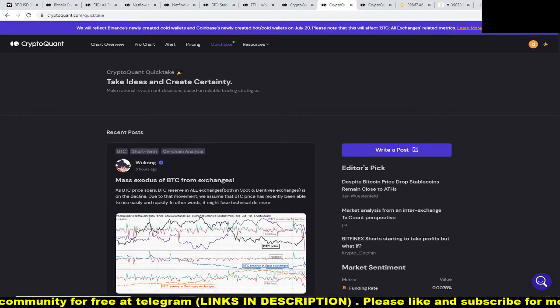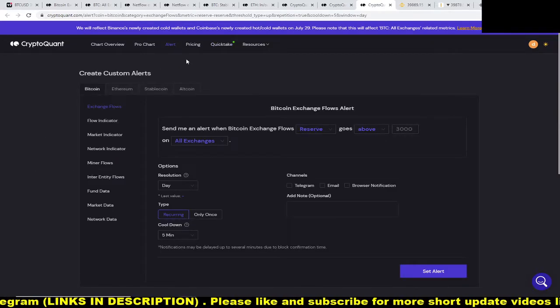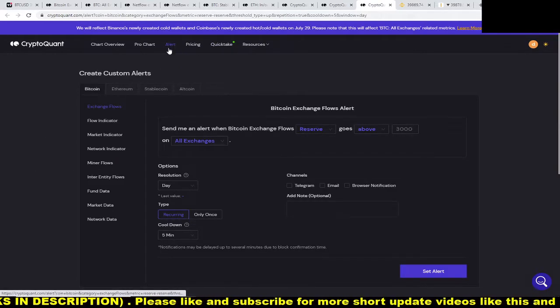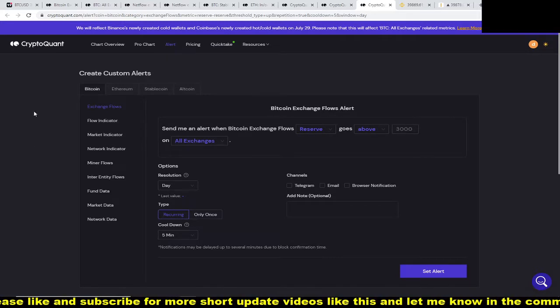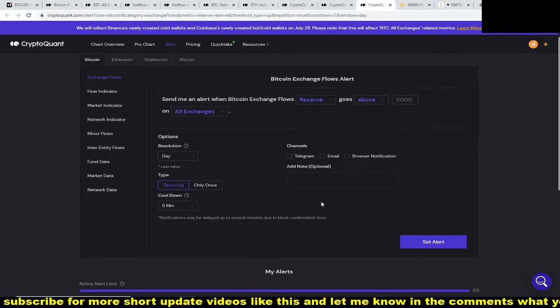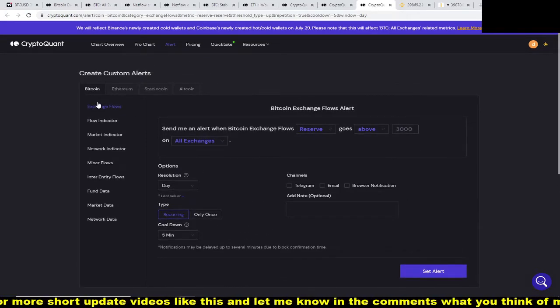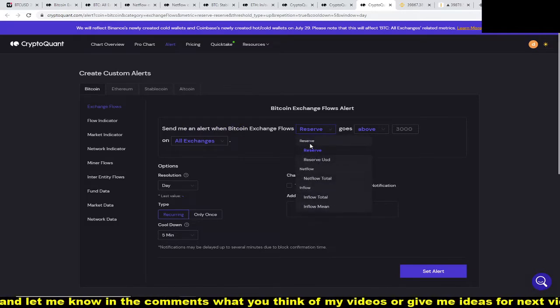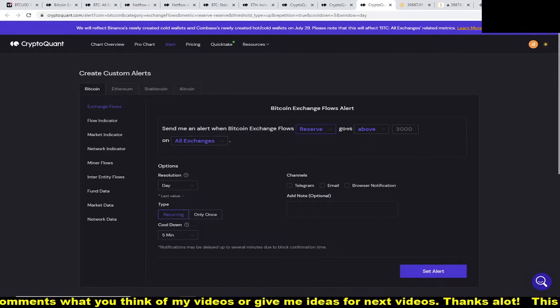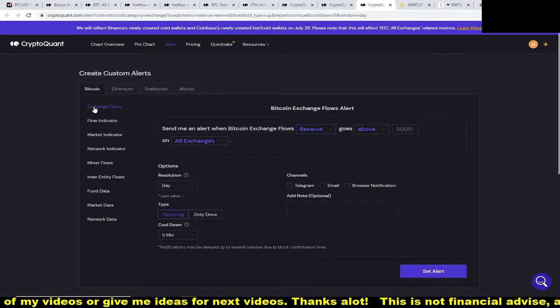So I'm first going to, if you go to alerts above right here, there you can see that you can add alerts on it. So you can do it right here, and here you can select all your stuff that you are willing to. So you want to get reserve whenever the Bitcoin reserve exchange flows.